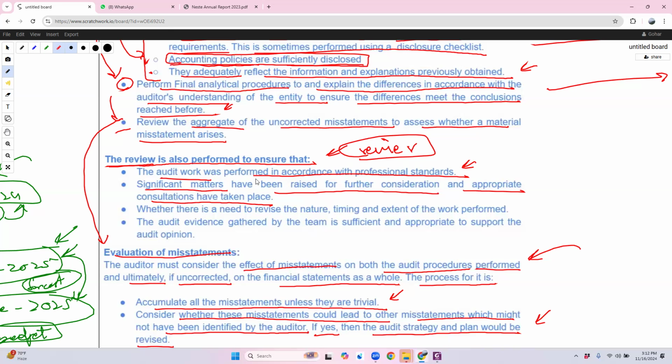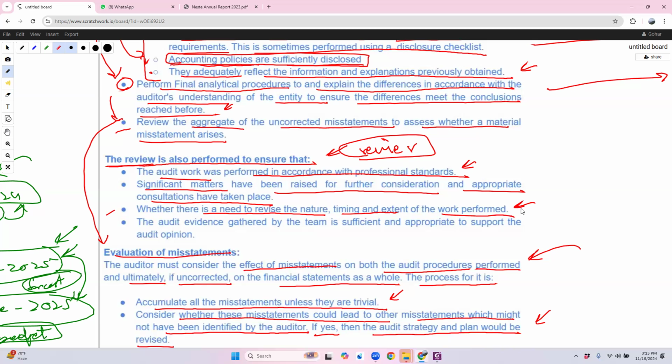So wherever a consultation was required from someone or any matter had to be raised to the audit committee, those charged with governance, you had to discuss with them. You did not miss them out. You have discussed it with them. And if there is anything missed out, you now discuss it with them. Got it? The next thing: whether there is a need to revise the nature, timing, and extent of the work performed. Obviously, I give you the example of depreciation expense as well.